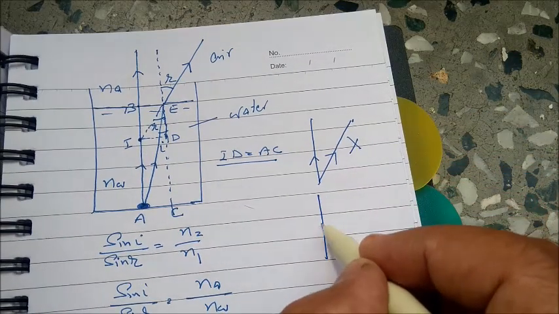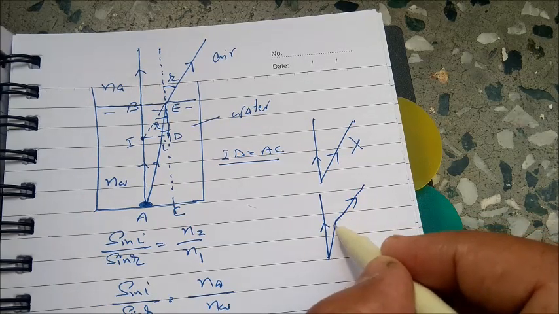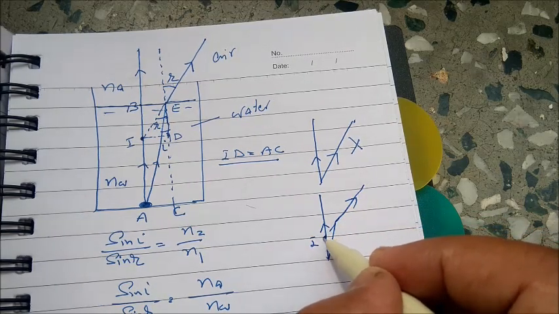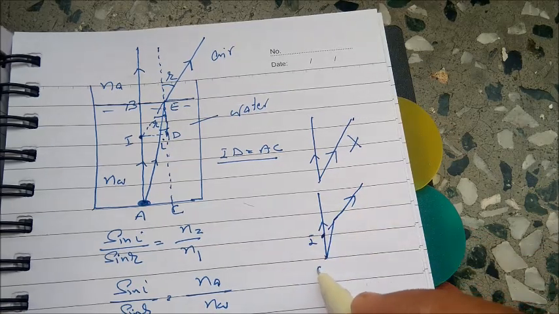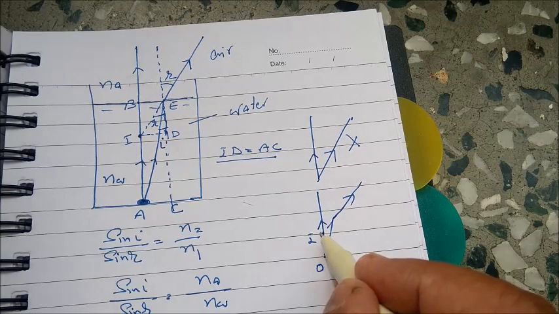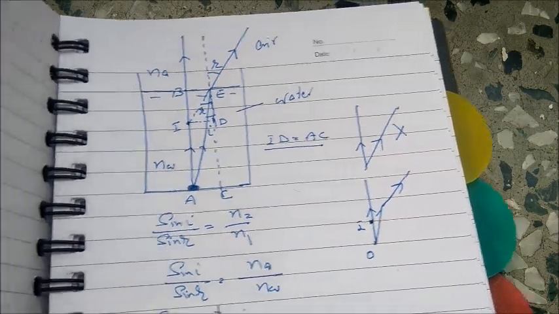It is actually one light ray coming like this and the second one like this. So the object appears here. This is the cause that this object appears at this point. We call it image. And the difference we have just calculated. So this is the reason why a swimming pool always appears shallower than its actual depth.